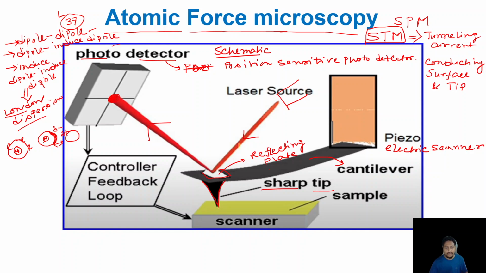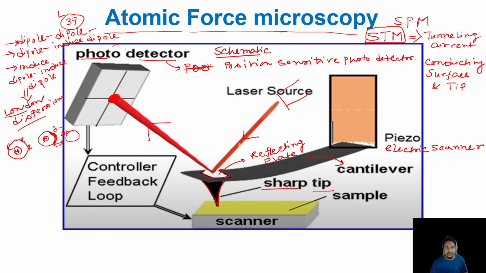Now, depending upon the surface topography, this cantilever is going to respond, because the distance between the surface and the tip changes, and that in turn changes the force between these two. Then the tip is going to move upwards or downwards depending upon the interaction, and the position is going to change.